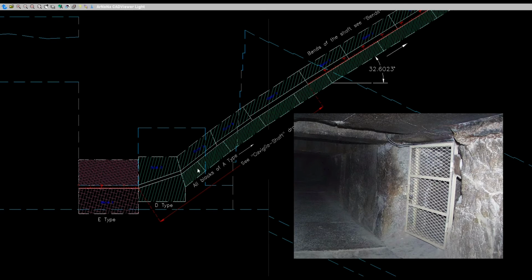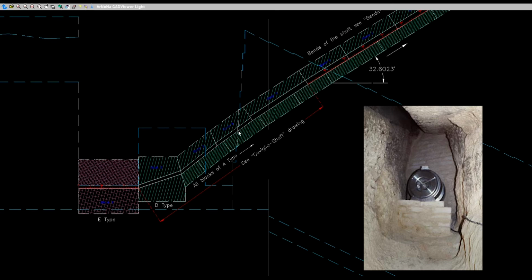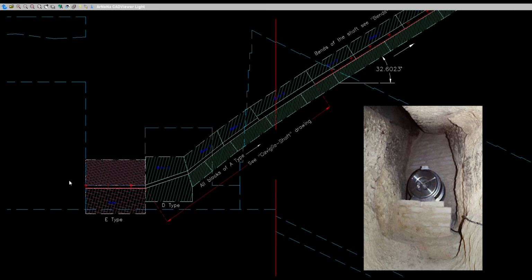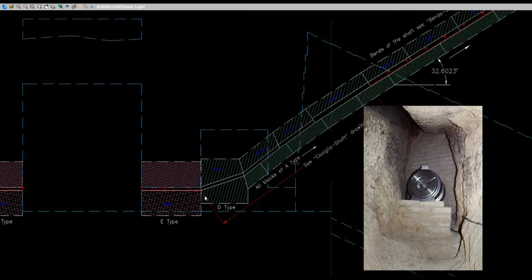And that's actually was used as a place to put the machine which would pull air into the King's Chamber to fix the ventilation.